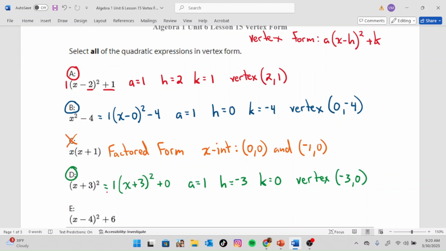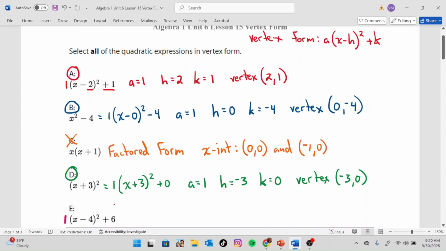And the last one, E, hopefully you can see that it is in fact in vertex form. If you needed to, you could put the 1 in front of the parentheses so that it was easier for you to notice.